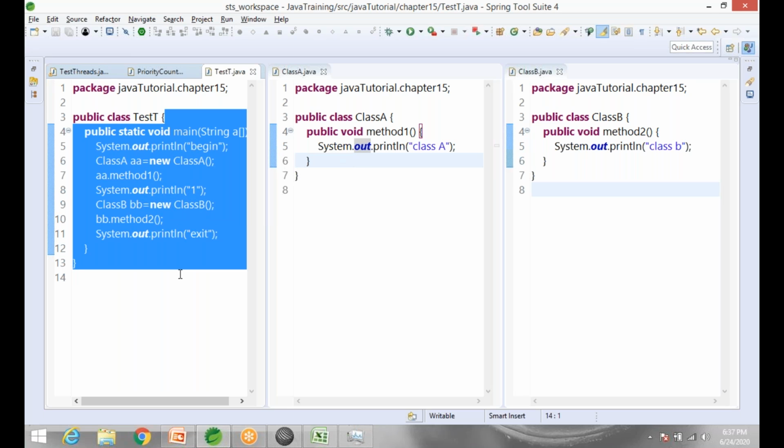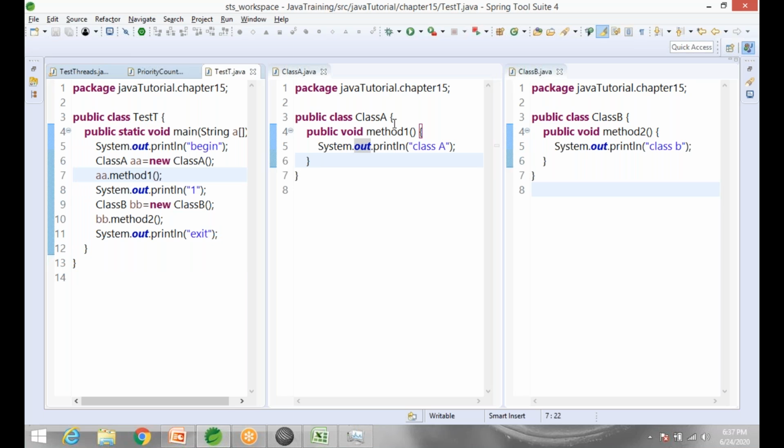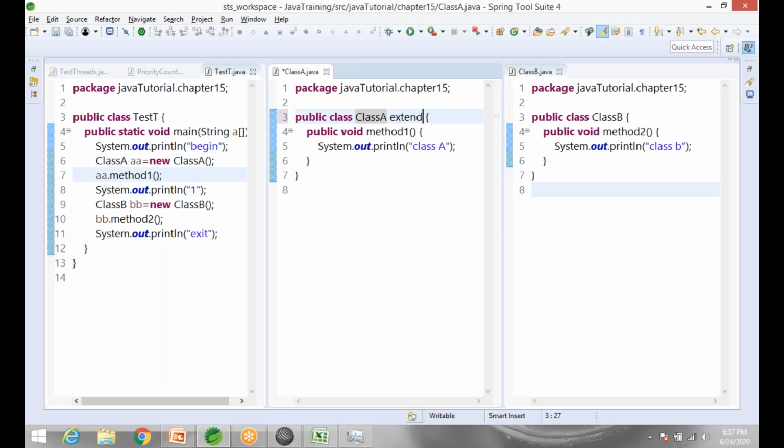Only one program is doing the job at any given point. Now, you got the sequential program output here, right? Okay.